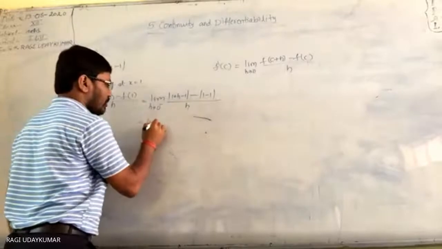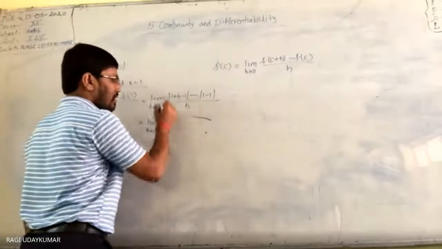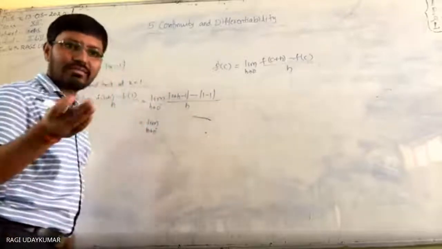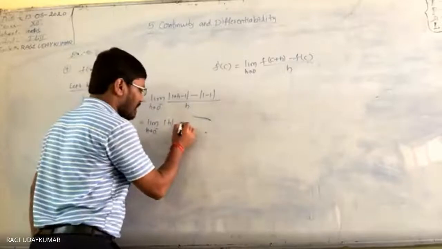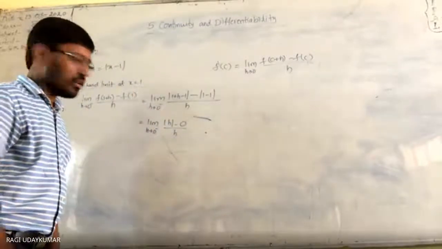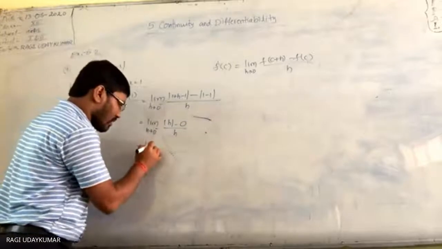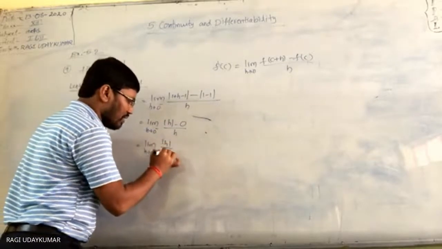This equals limit h tends to 0 minus. The 1 will get cancelled. So we get modulus of h minus 0 by h. Now what do we get? Limit h tends to 0 minus of modulus of h by h.